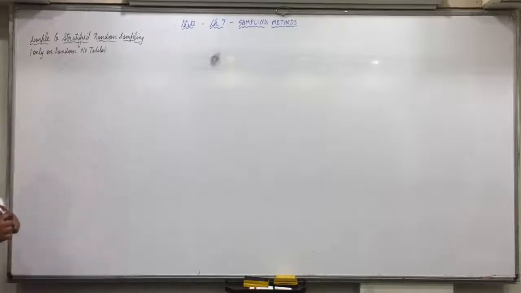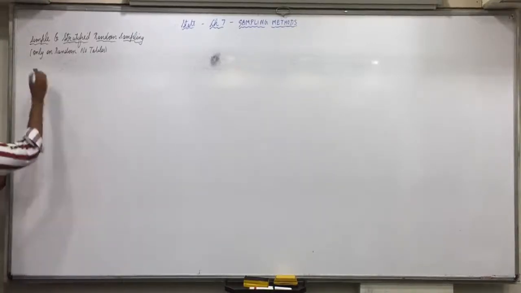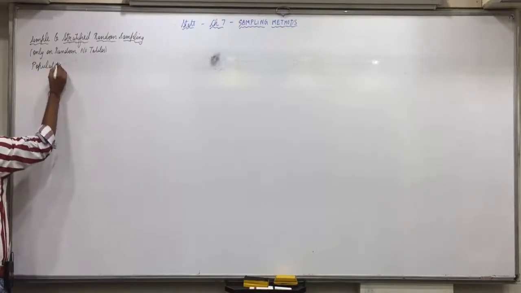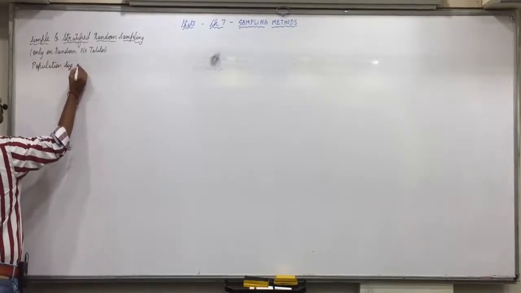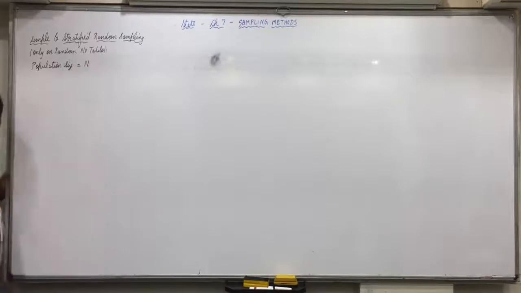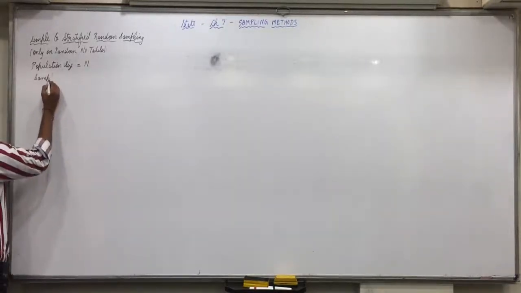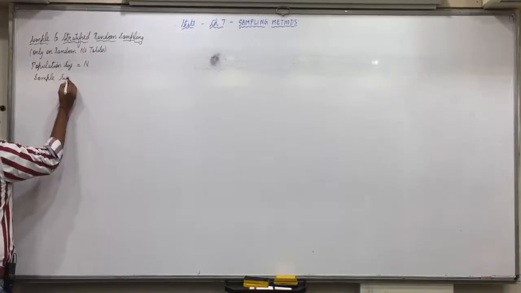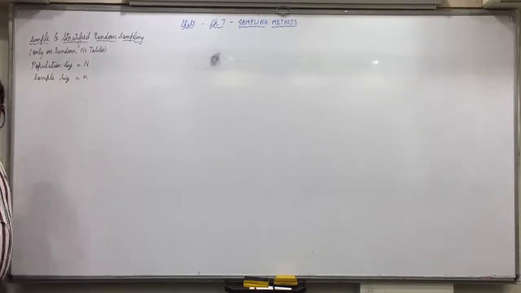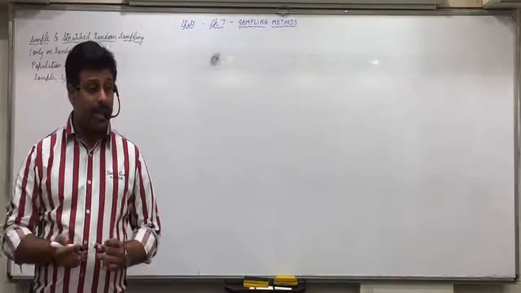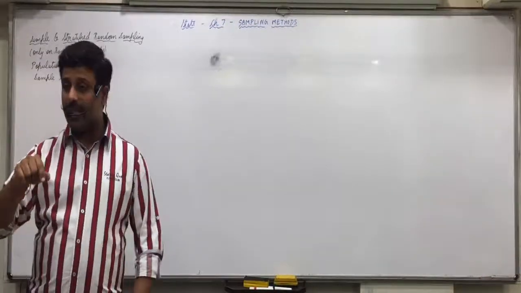In short, how will you make the selections? First of all, keep it in mind. Population size is denoted as capital N. Okay? And sample size is denoted as small n. So if there are 70 units in the class from which I have to select, then capital N is 70, population size.